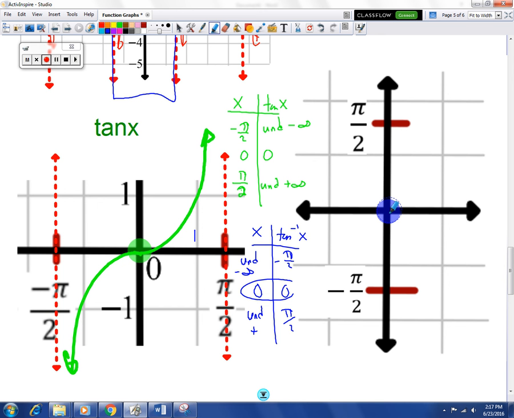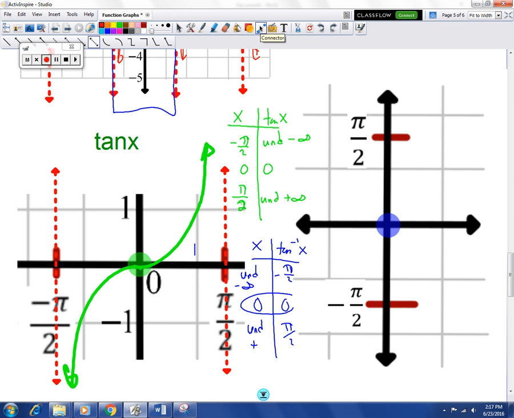Now at negative pi over 2, see the red, the asymptotes actually also turn. You can probably see it now if you think about it. I'm going to put an asymptote here at positive pi over 2, which goes with the vertical red asymptote at positive pi over 2 in the tangent of x. And I'll put one also here at negative pi over 2. What's going to happen?